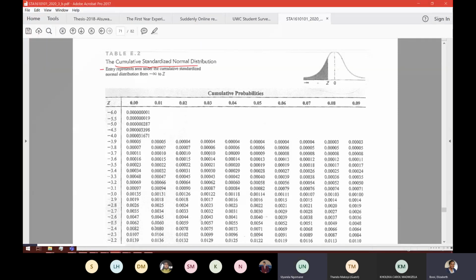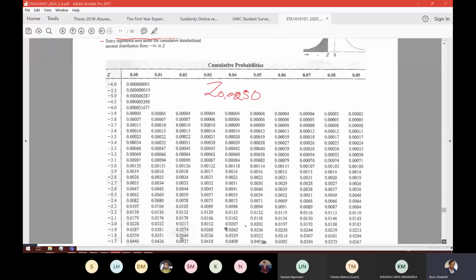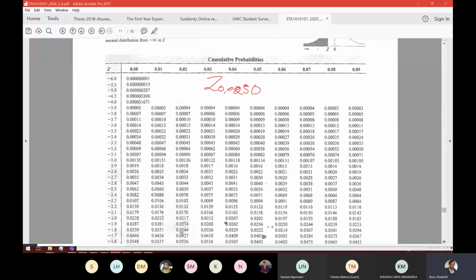So inside this table, I need to find 0.0250. If I look at the values, I can go through every value to see if I can locate 0.0250. There is my value.